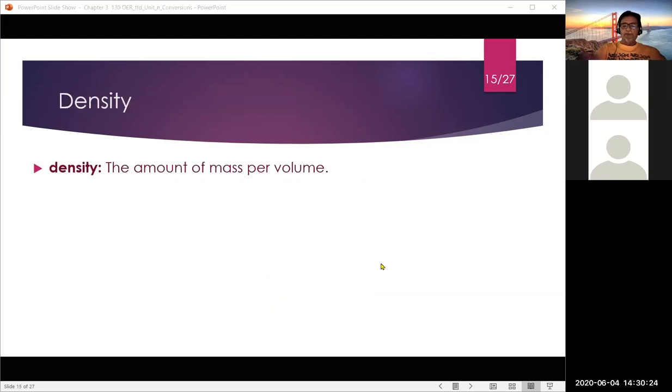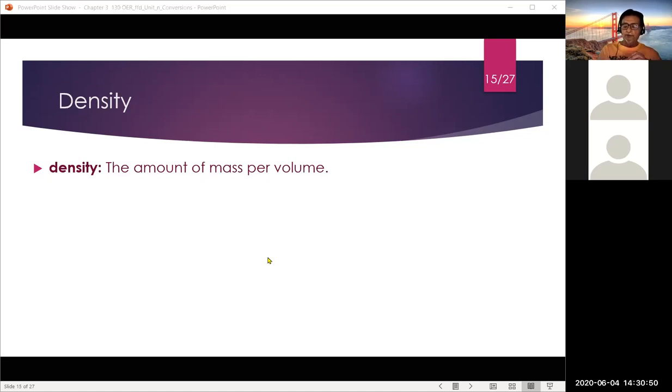Okay. So that brings us to density. Density is simply the mass per volume. Every matter, all matter has density. You have density. You have a mass and you have a volume. You know, the mass we can easily determine. We just weigh you. The volume, we can probably dunk you in some big tank and measure the volume that you displace.